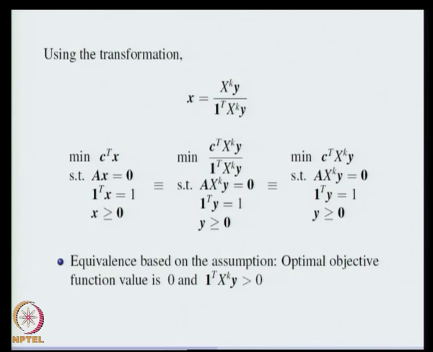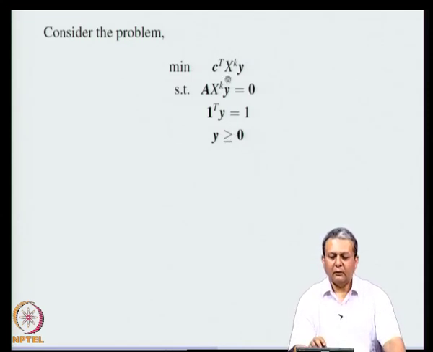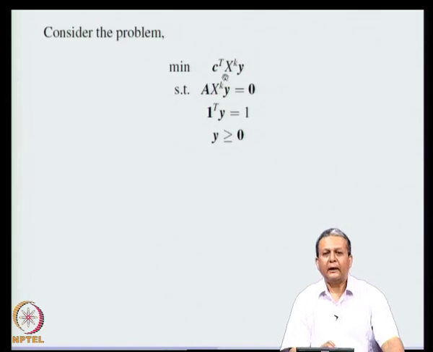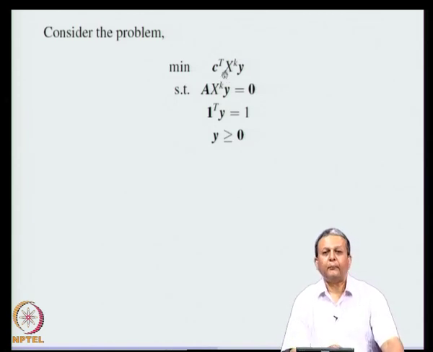So, we now see how to get a descent direction for this homogeneous linear program in the y space. Now, the gradient of this objective function is xk c, and the negative of the gradient is minus xk c.